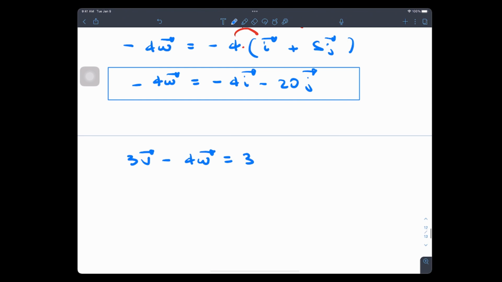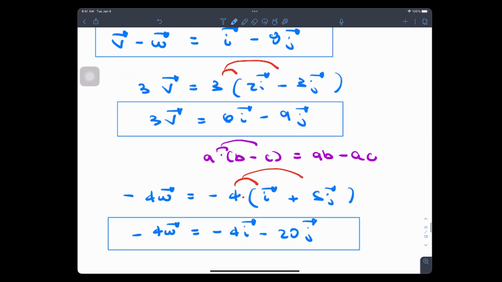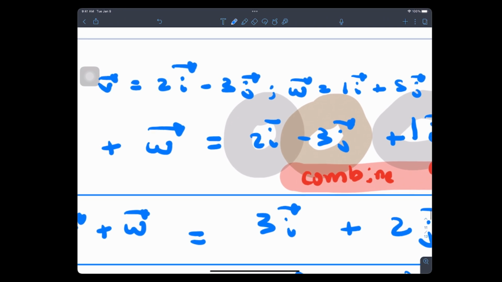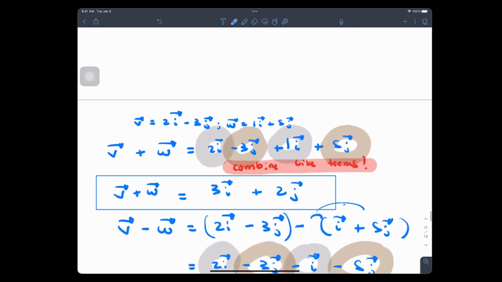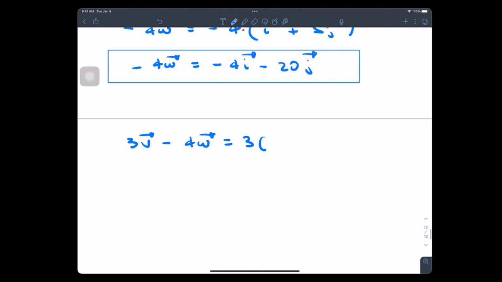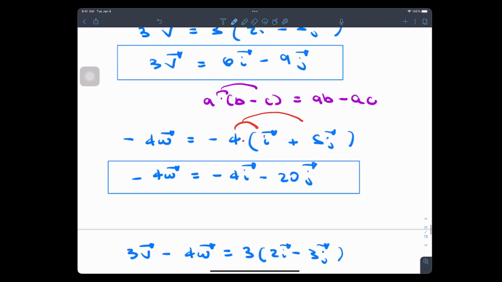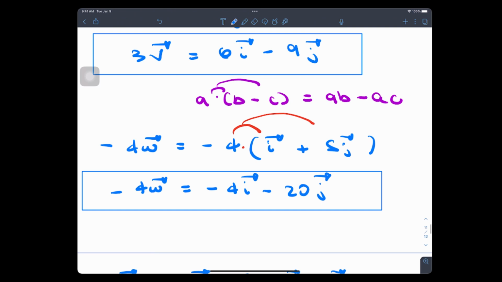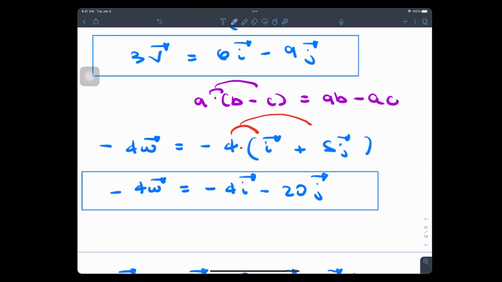You can take 3, and what was v? 2i minus 3j. Yeah, we did. What you can do is just add these two if you wanted. Don't you get 2I minus 29J? Do you guys know what I'm saying?